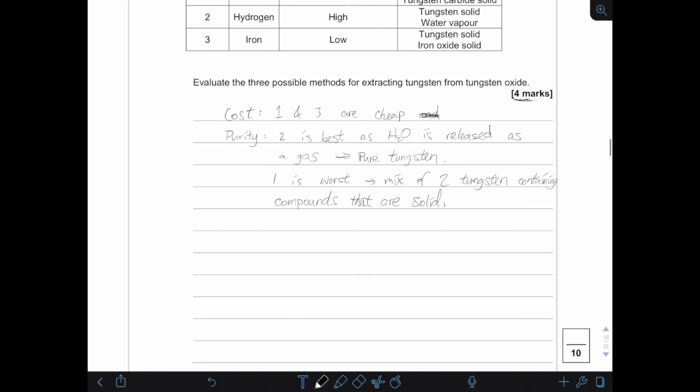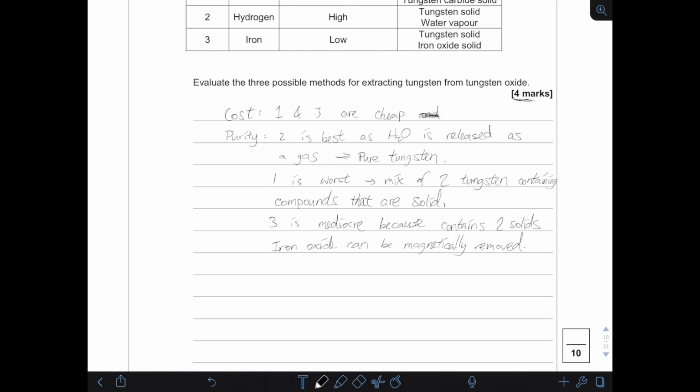Whereas 3 is mediocre because again it contains 2 solids, but the good thing is iron oxide can be magnetized, so I would probably say that if I were to do it industrially, I'm going to use iron because I can probably get pretty pure tungsten metal out by just removing the iron oxide after the procedure.